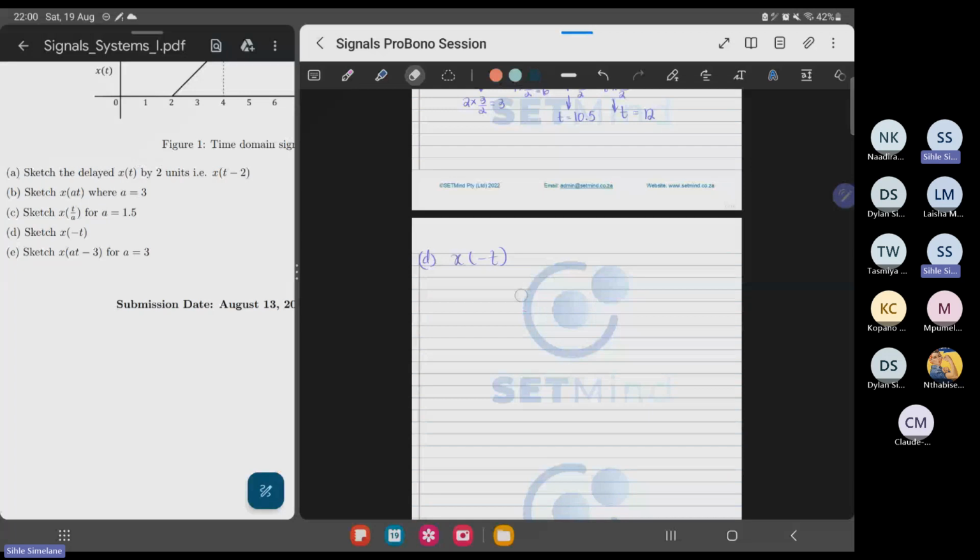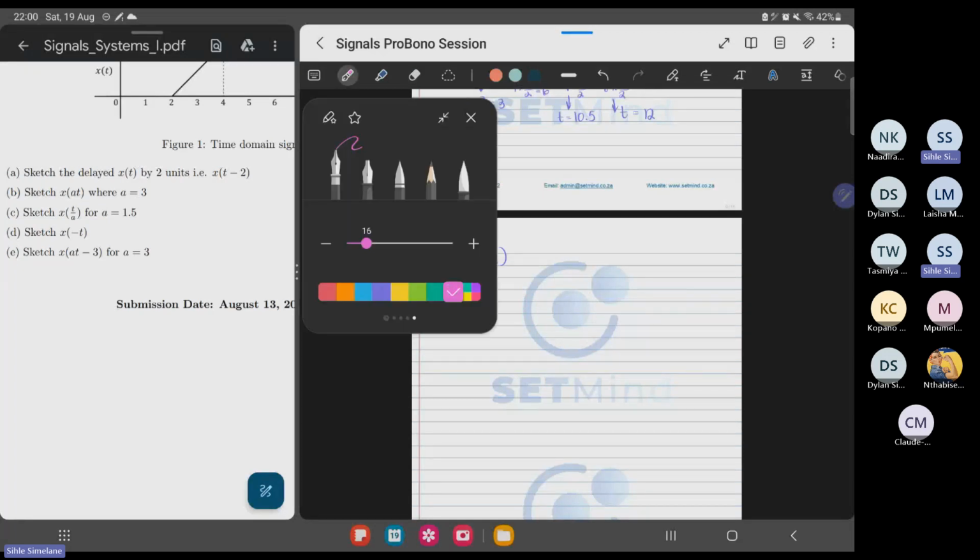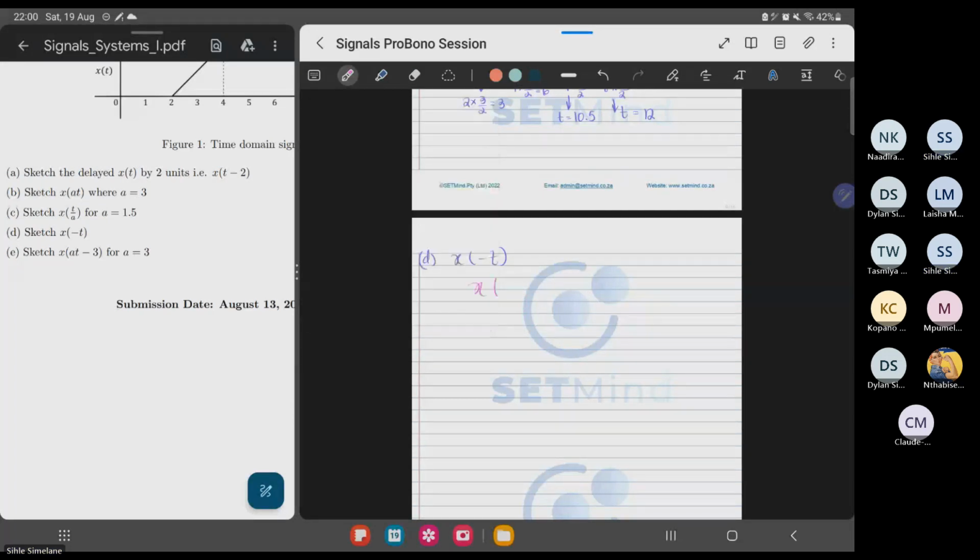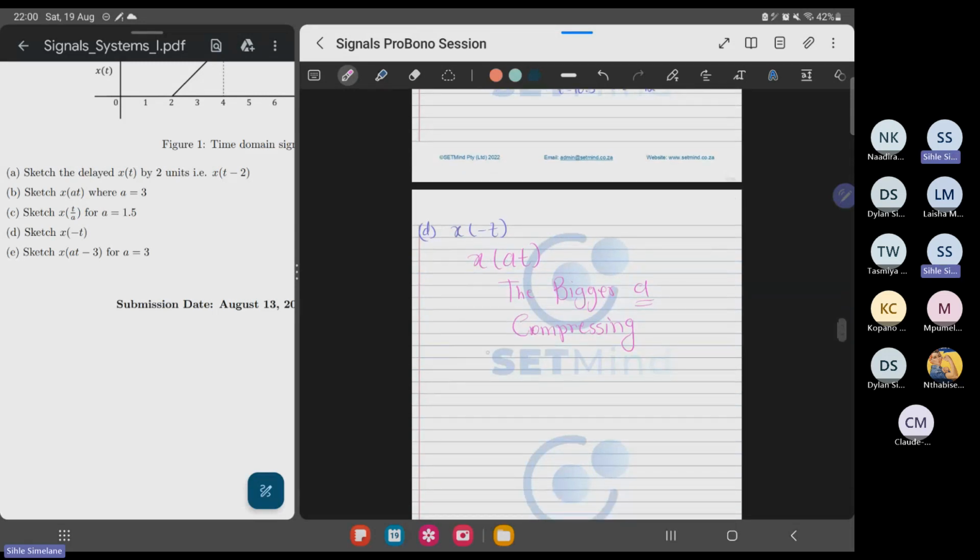So the bigger the value of A, so meaning when we do x of A t, the bigger the value of A, what we are doing is compressing. And then the smaller you make A, for example, if you put A is 0.5, you would be expanding the function.